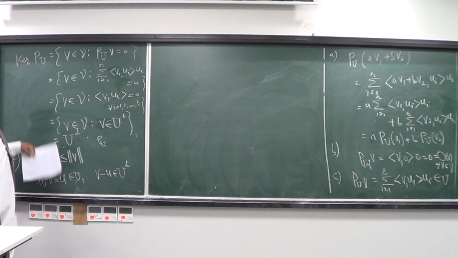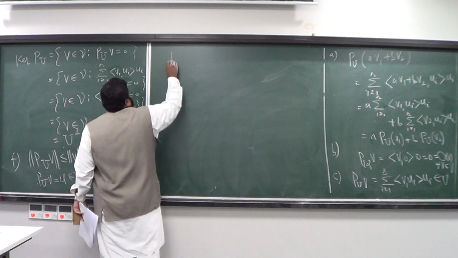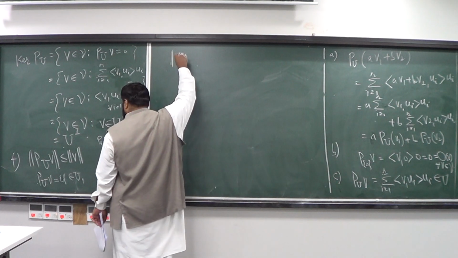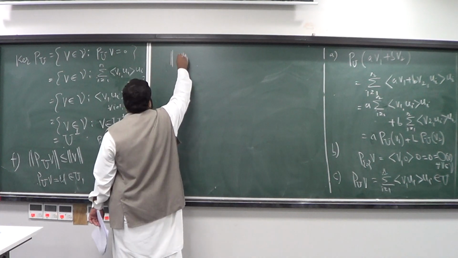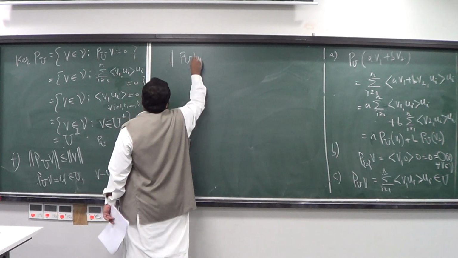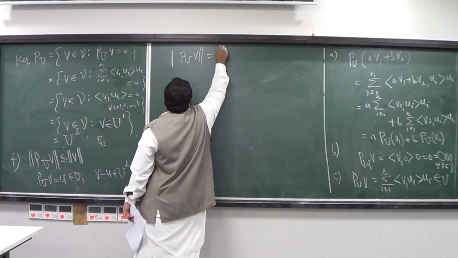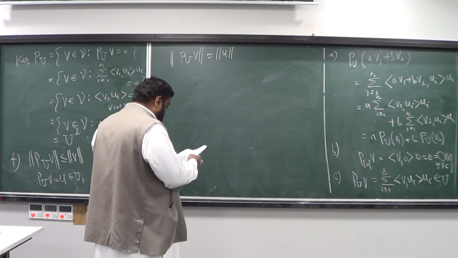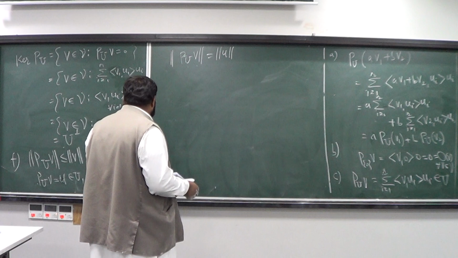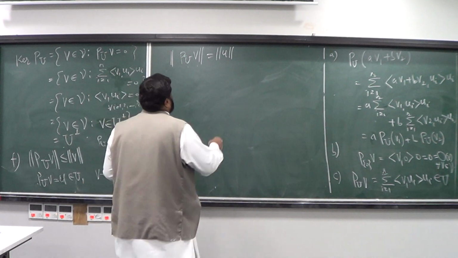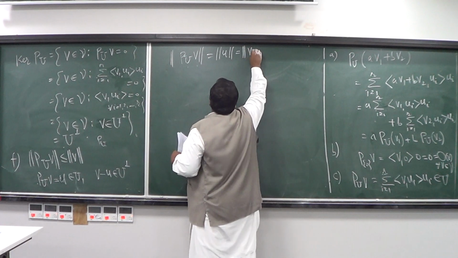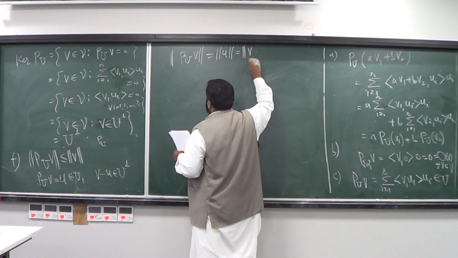So I can now say that the norm of P_U operated onto v is equal to the norm of u, and this vector u can be written as the vector v minus u.